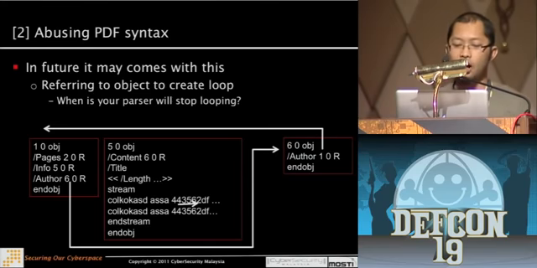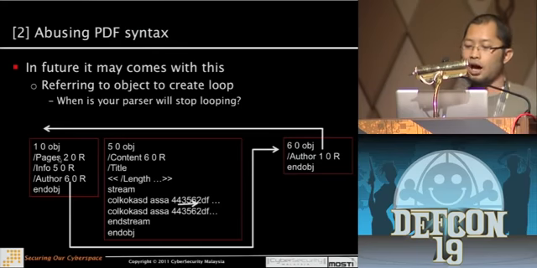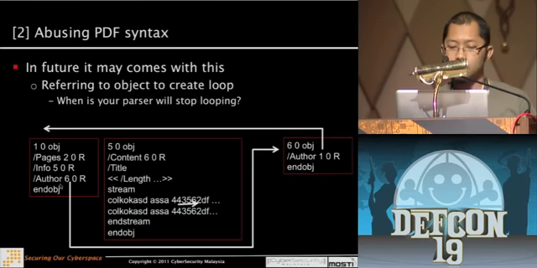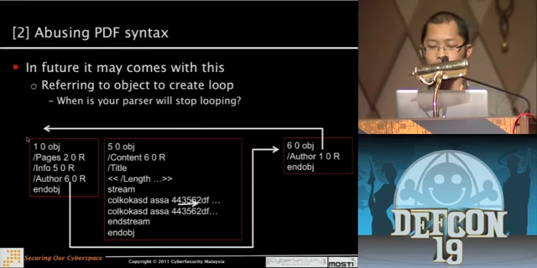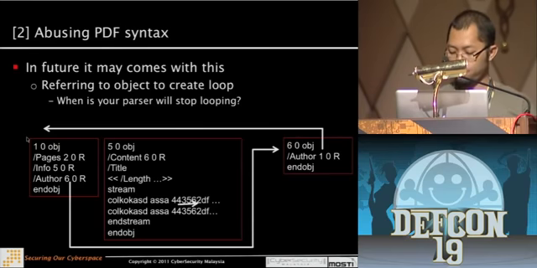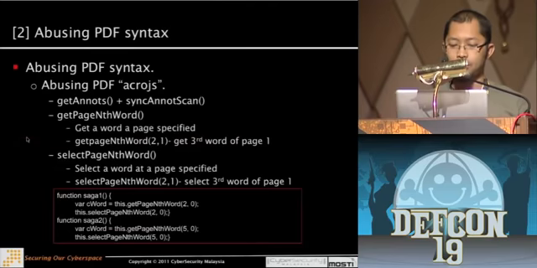For example, you have object 1 that has a dictionary for author, which is pointing to object 6 over here, and the object 6 author is also pointing to object 1. If you open it with any PDF application, it may stop. But if you're building your own parser, when are you going to stop your loop, right? So that will be interesting to see when we should stop.